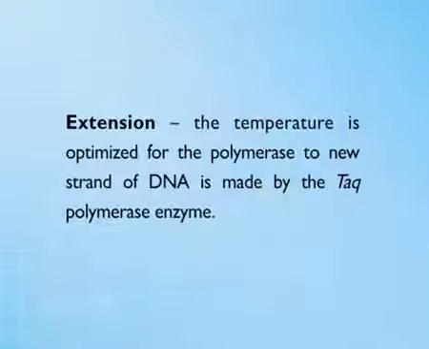In the third step, called extension, the temperature is optimized for the polymerase to synthesize a new strand of DNA, which is made by the Taq polymerase enzyme. These three steps are repeated 20 to 40 times, doubling the number of DNA copies each time, leading to production of millions of amplicons in a short duration.